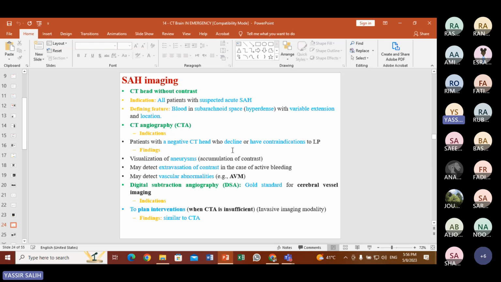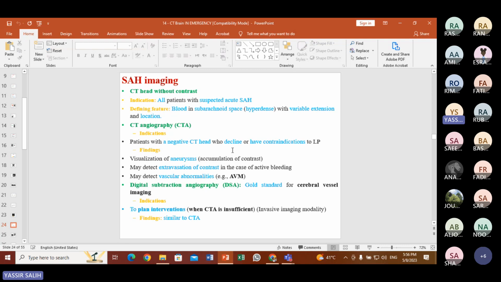If the patient is suspected of subarachnoid hemorrhage and is very ill, deteriorating, or has a negative CT, it is best to do a diagnostic LP, meaning we insert a needle to see if there is blood in the CSF.